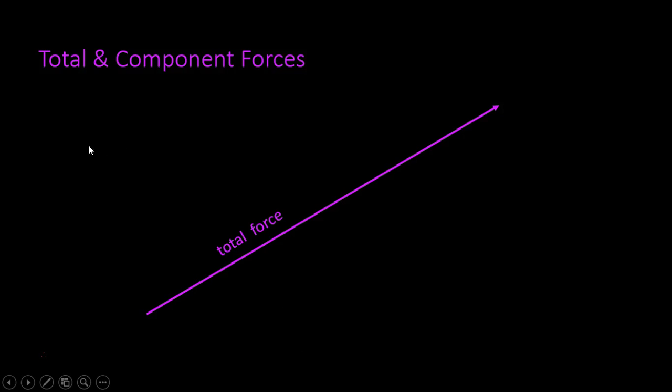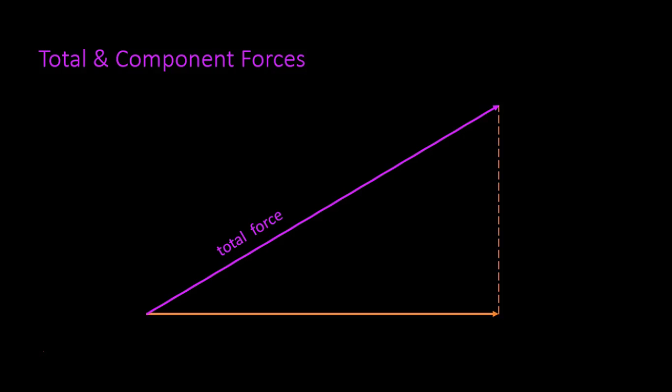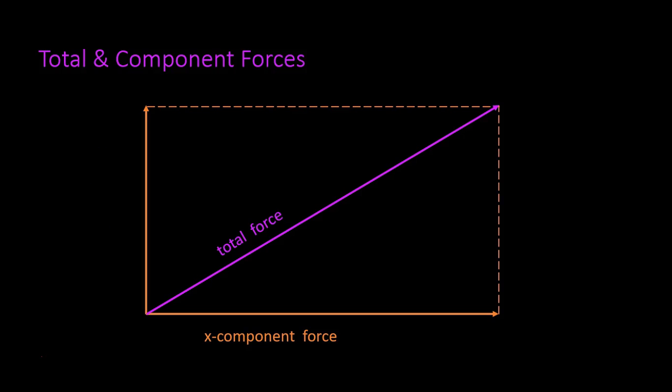Let's take a look at total and component forces. So we have a total force, and we would say that this force is going up and to the right, and we can break it into its rightward component, or x-axis component, and we can break it into its upward, or y-axis component. We know that we can give it a direction by the angle theta.